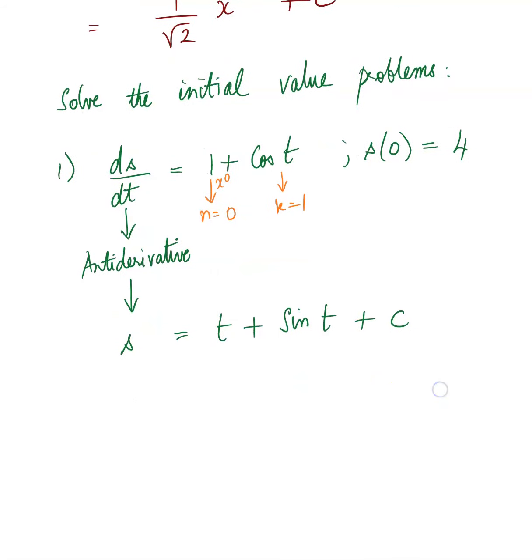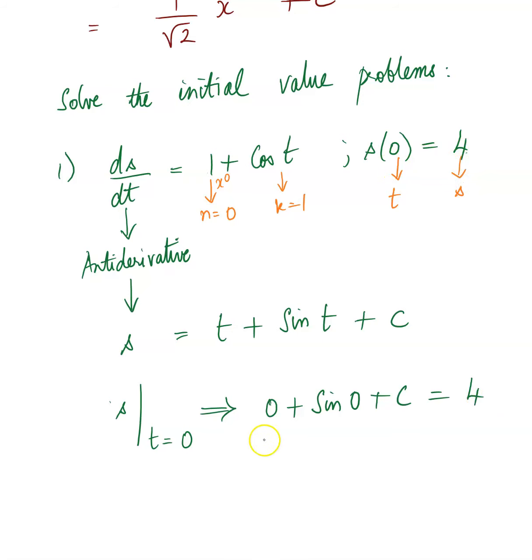So s of 0, and each time I used to write initial value and then mark this as x. In this case, this will be t, and this will be s. So we can also write this in a crisper form, where I say t is equal to 0. When t is 0, the position would be 0 plus sine 0 plus c equals 4, because that's our initial value. s is 4.